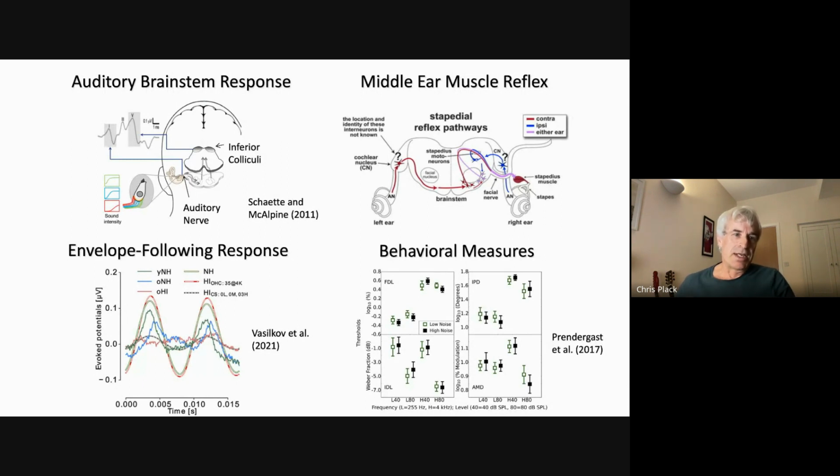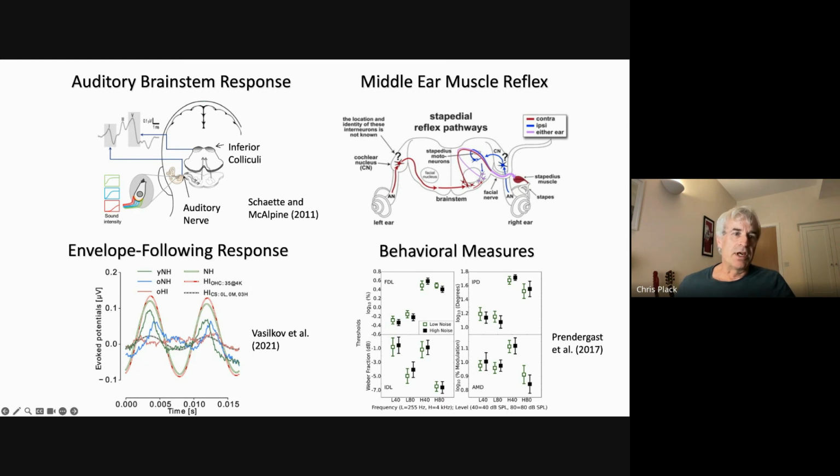And there's some doubt about whether wave one is perhaps the optimum measure of activity in the nerve fibers, these low spontaneous rate fibers that some people think are primarily involved in cochlear synaptopathy, although there is some debate about that, which I might return to.